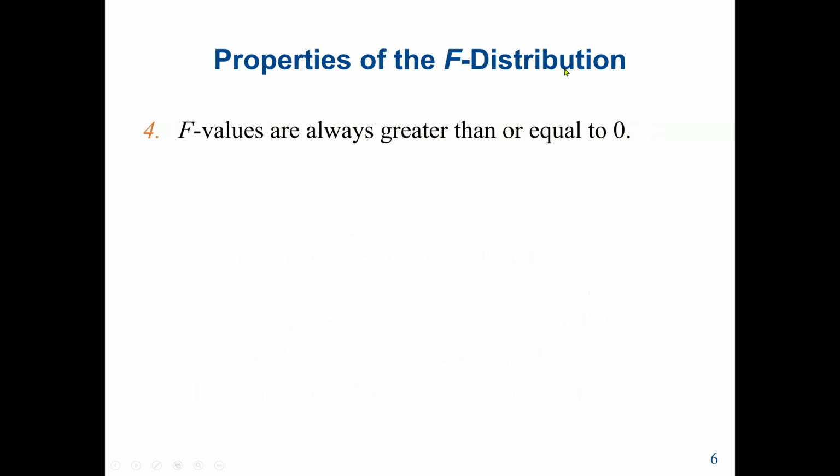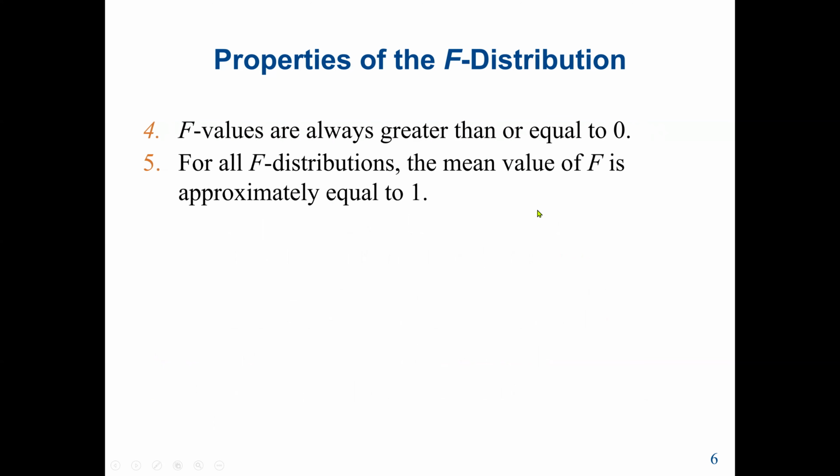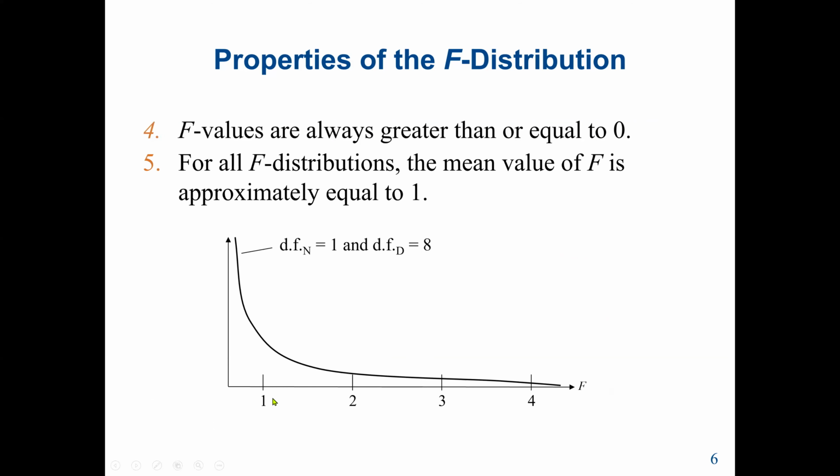Another property is that F values are always greater than or equal to 0, and the total area is 1. For all F distributions, the mean value of F is approximately equal to 1. For example, with degrees of freedom for the numerator equal to 1 and for the denominator equal to 8, this is our shape of curve.